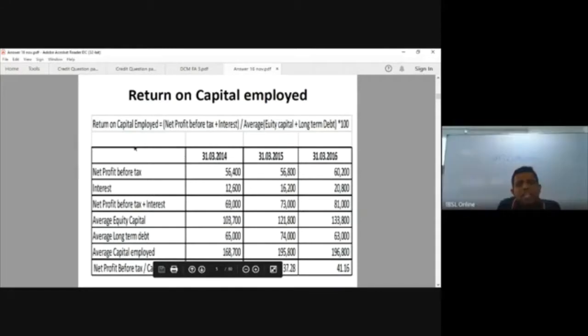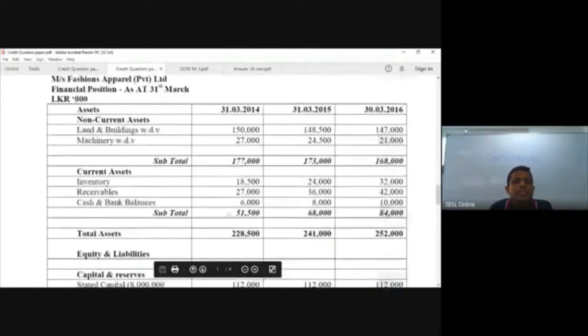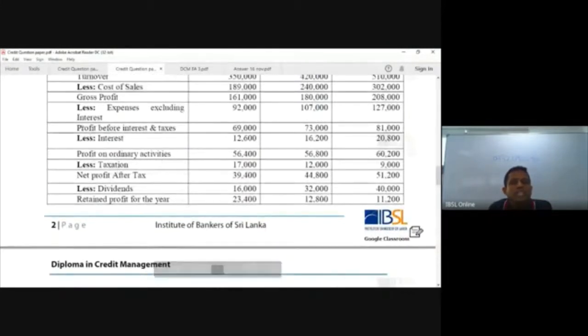Now, for return on capital employed, you have to take net profit before tax and add back the interest. From the P&L income statement, you have net profit before interest and tax.